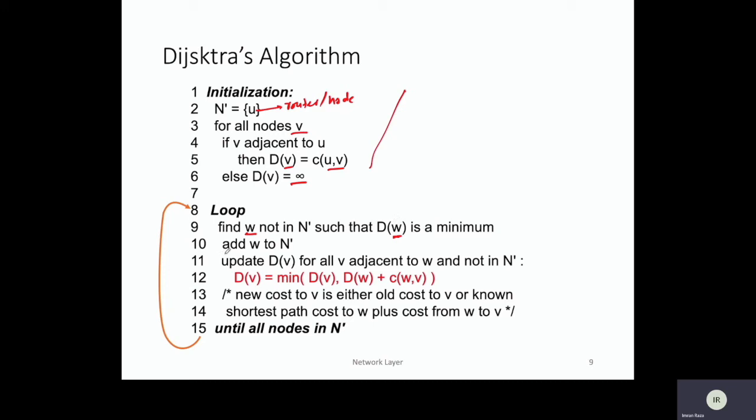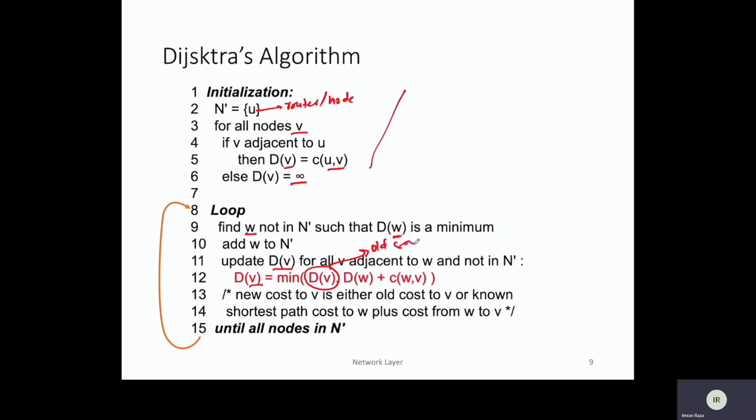Okay, so we add W to N, and then we update the cost to reach all the destinations V from U using this formula. What it says is that the cost to reach destination V is the minimum of these two. Either it's dV, which is the old or previously calculated cost, right?